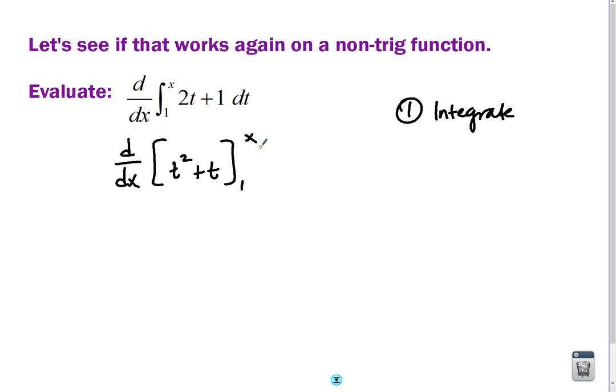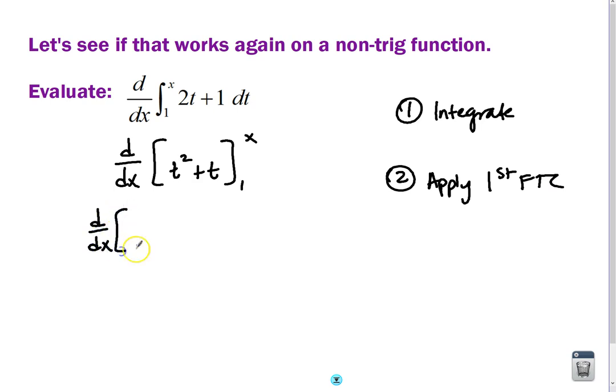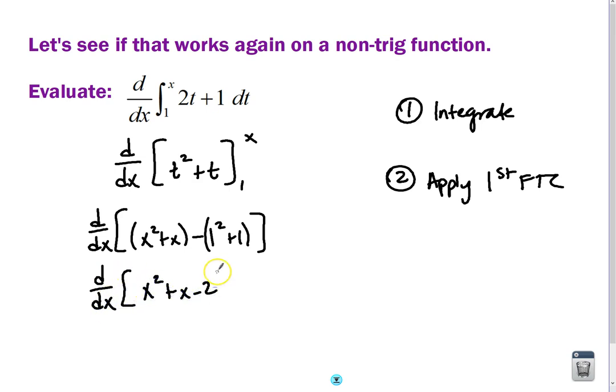Now I need to apply FTC and plug in those two things. So step 2, apply the first FTC. I'm going to have d dx of x squared plus x minus parentheses 1 squared plus 1. I can clean that up a little bit. That basically becomes d dx of x squared plus x minus 2.